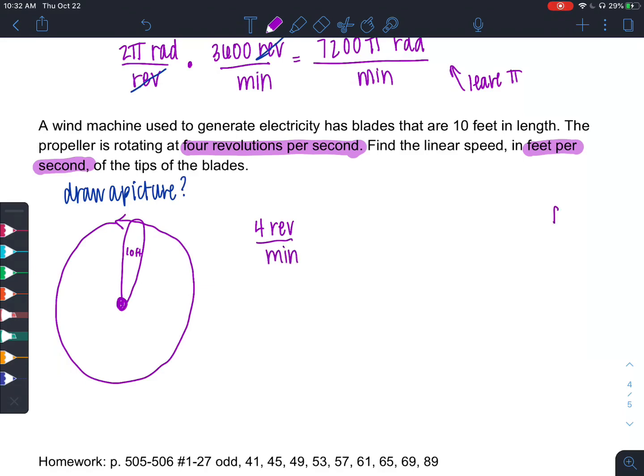And down here we want to end up in feet per second somehow. And remember that angular speed does not depend on length, but linear speed does. So I'm just going to make a note that linear speed is dependent on size.